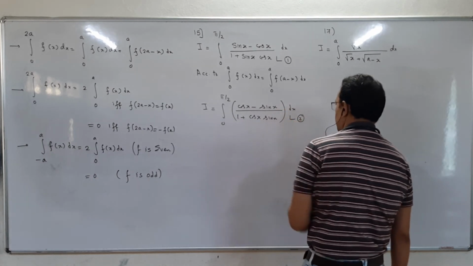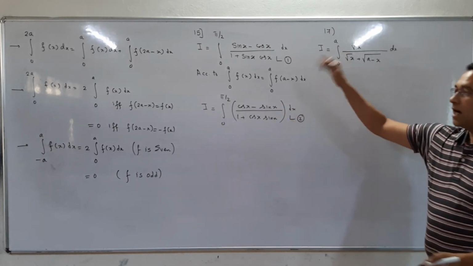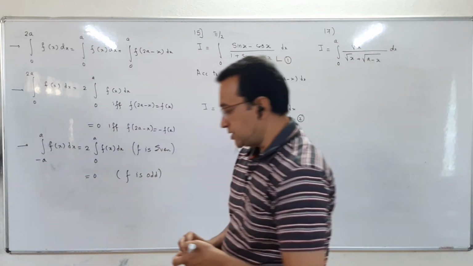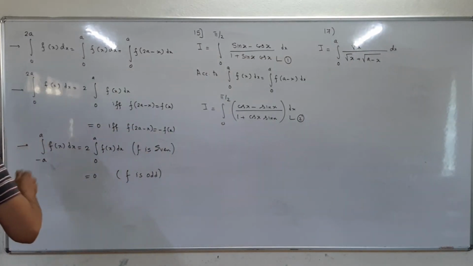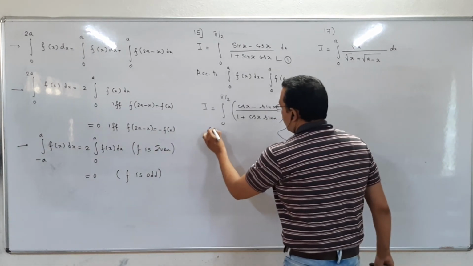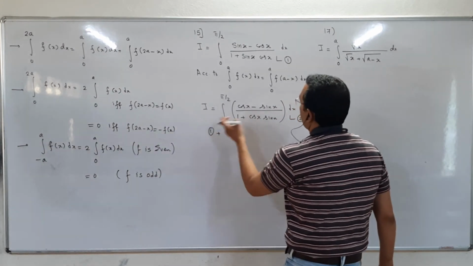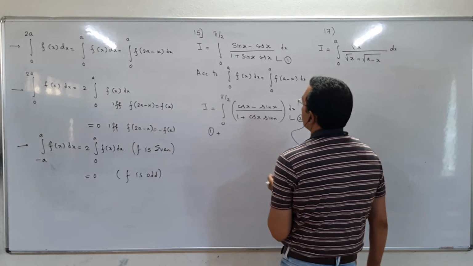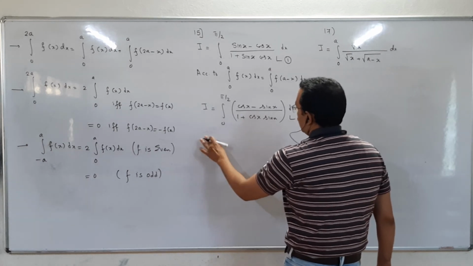So this is the result 2. Our traditional concept is to add result 1 and 2. So if I operate, or even if I take minus sign common, then also I will get the same thing. Okay, let us do like that.